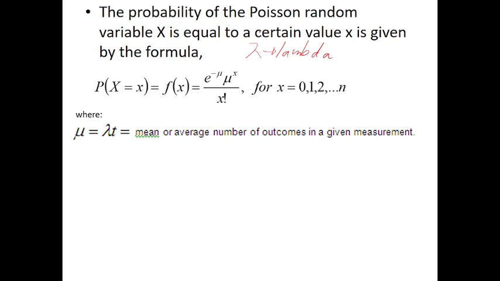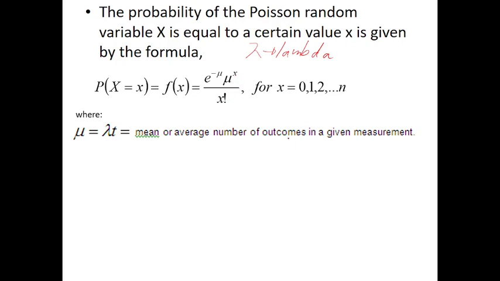What is the interpretation of mu? It is the mean or average number of outcomes in a given measurement.